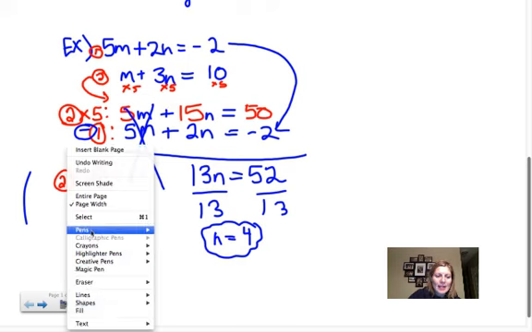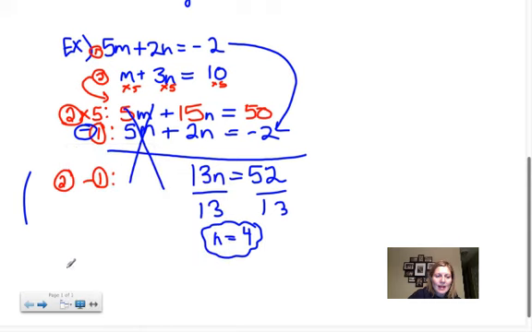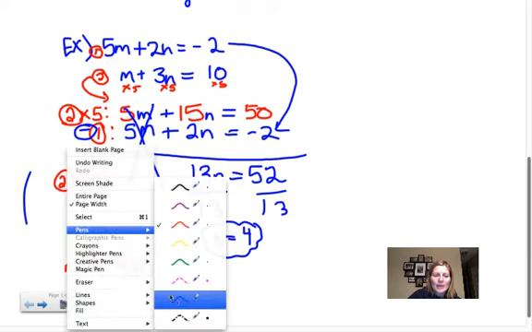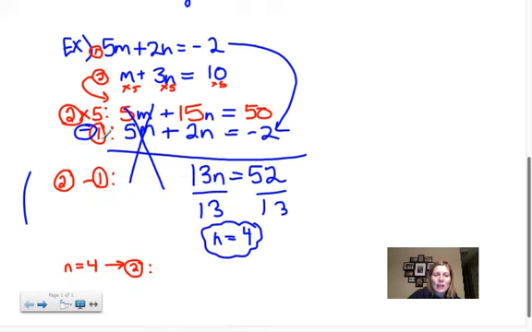So I'm now going to take n equals 4 and plug it back into the original equation 2, which looks like the easiest one to play with. But again, you'll get the same result if you put it in any one. I no longer have to write n. So the m is what we're looking for, plus 3, and instead of writing an n there, I now know that my n is equal to 4.